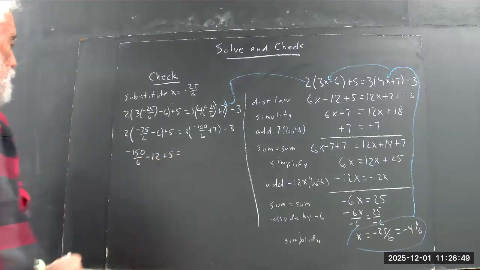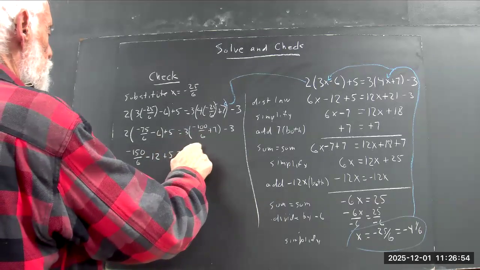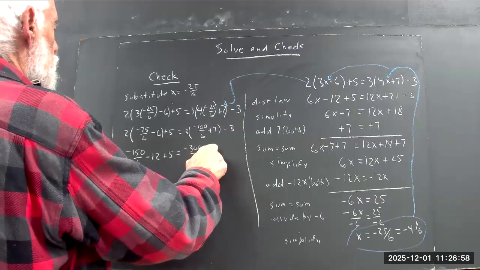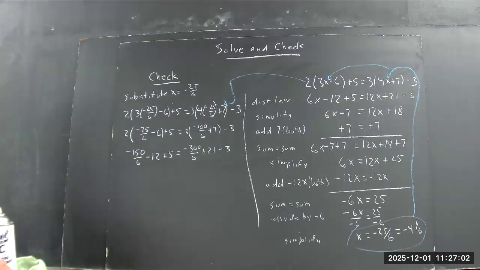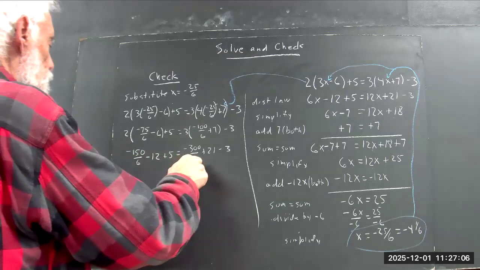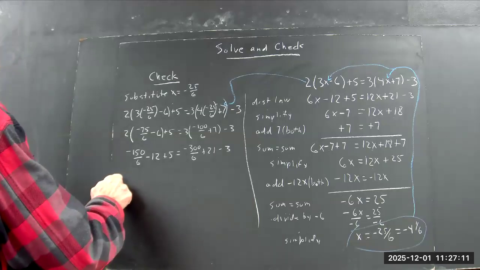Add 5. 3 multiplied by both of these is going to be negative 300 over 6 plus 21 minus 3. I'm not going to deal with the fractions just yet, except I'm going to simplify.